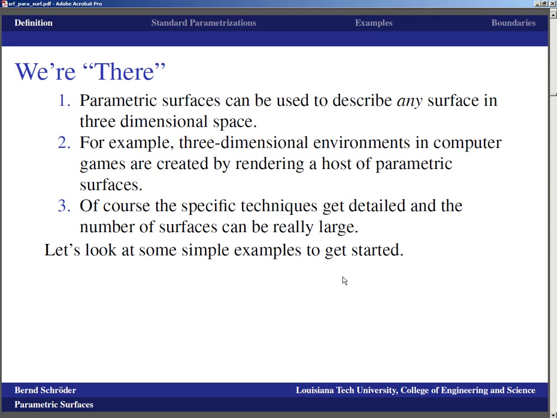And so what we want to do is take a look at some, and I want to emphasize, simple examples and simple techniques to get started. We're going to look at cylinders, we're going to look at spheres, we're going to look at how we can deform and move these things around, which are all fairly simple ideas that we can connect to stuff that you have seen before, because in fact you have seen a cylinder before in the first presentation on three-dimensional coordinates, I think.